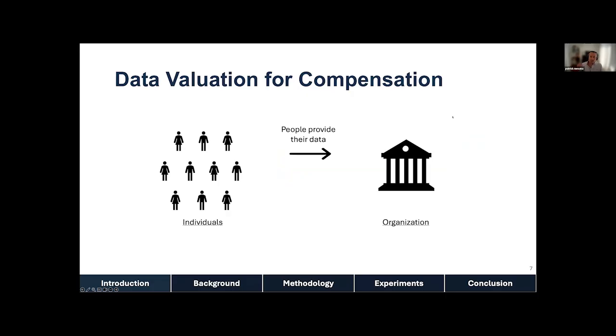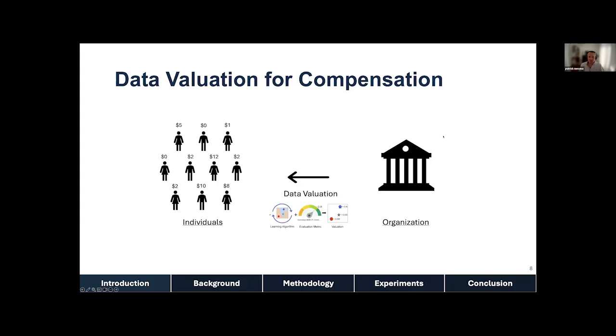So now the problematic that we're interested in is data valuation for compensation. So this idea of an organization doing data valuation to maybe implement the data dividend idea. So let's say that individuals provide their data to an organization. The organization does data valuation.